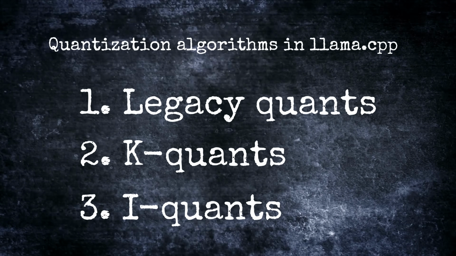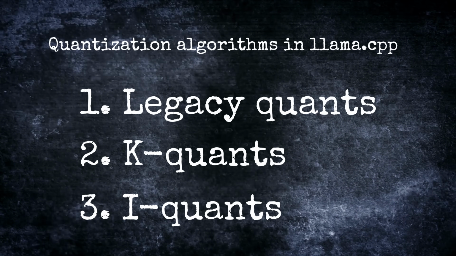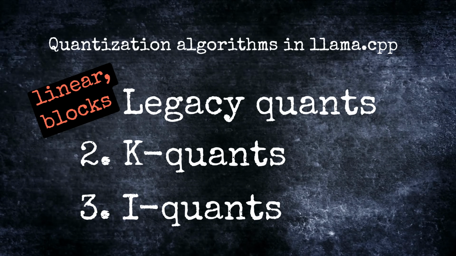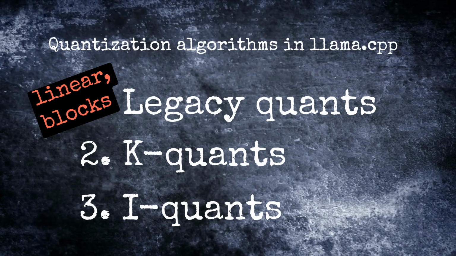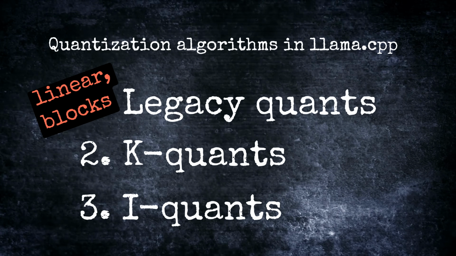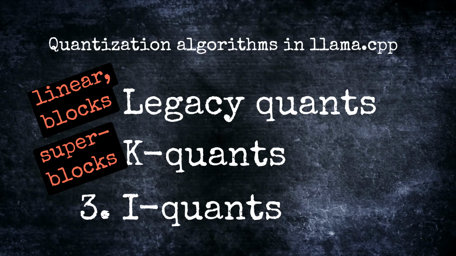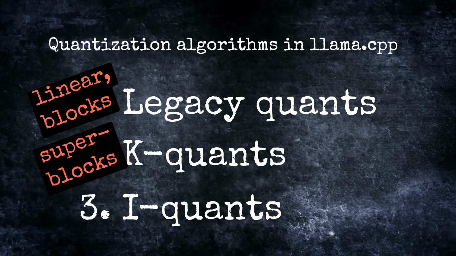And we're finally done. So to recap, GGUF went through 3 generations of quantization algorithms. Legacy quants are basic linear quantization where the scale is shared across the weights within a block. K-quants introduced superblocks, which reduced the overhead incurred by quantization constants and led to more efficient memory reads.